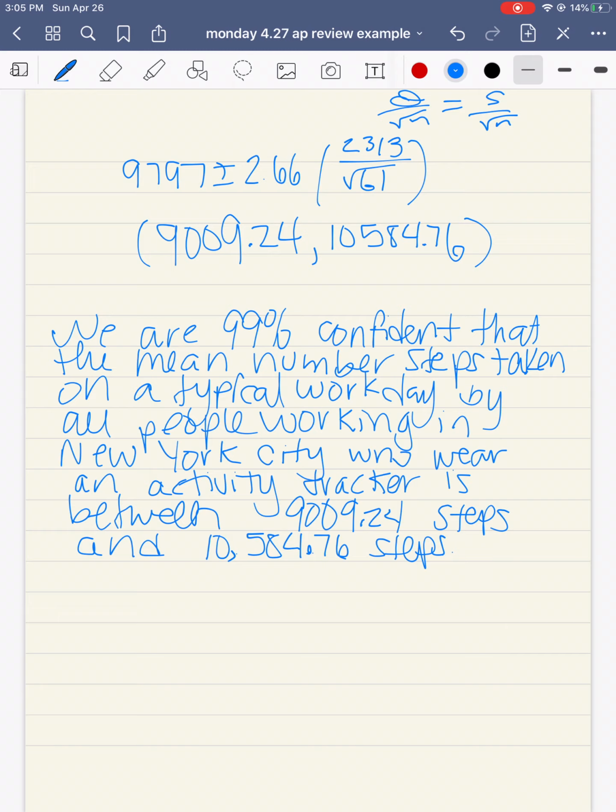So the key part here is all people. Our confidence interval is for estimating a mean or a proportion about the whole population. So I can't make conclusions about individual samples, let alone individual people, based on the confidence interval.